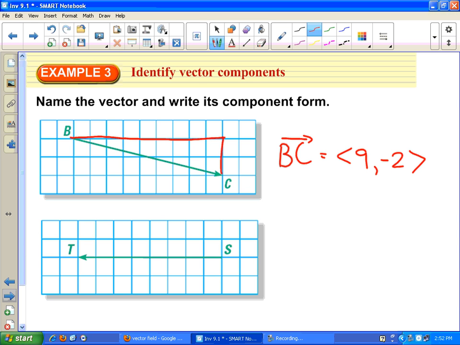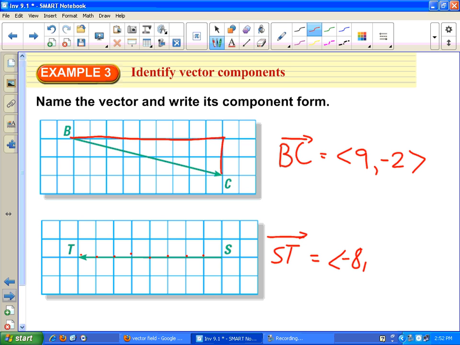Okay. My next one, what's my vector component, or my ST? Okay, how far over did we go? I count 1, 2, 3, 4, 5, 6, 7, 8. So that can be positive or negative? Negative.